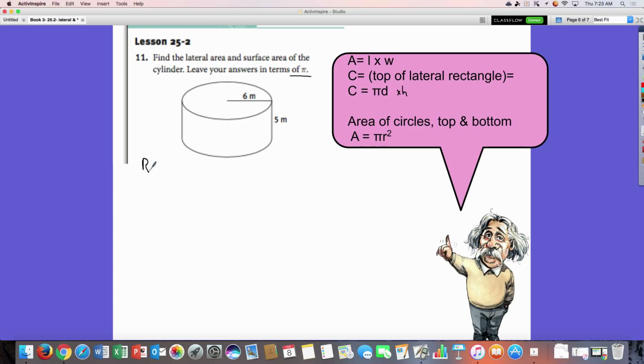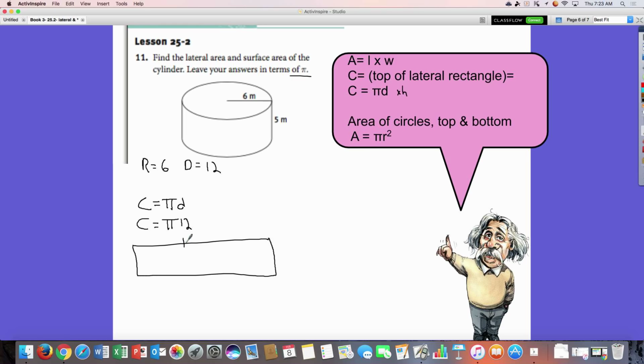I'm going to start by writing out that the radius is 6. So we know the diameter is 12. Our formula, C equals pi d. Well, I've already figured out the diameter is 12, so that's the top of that rectangle when I unwrap it.